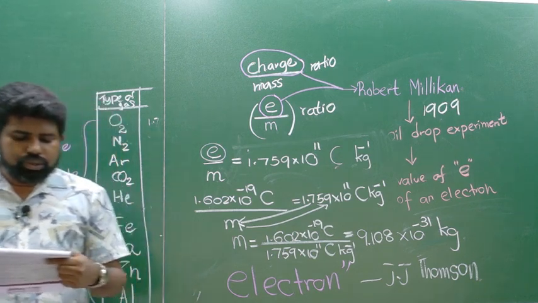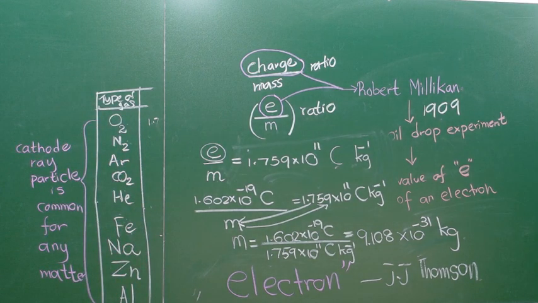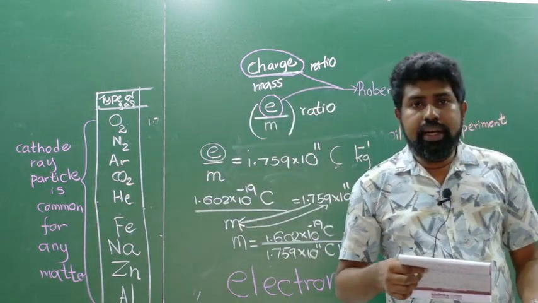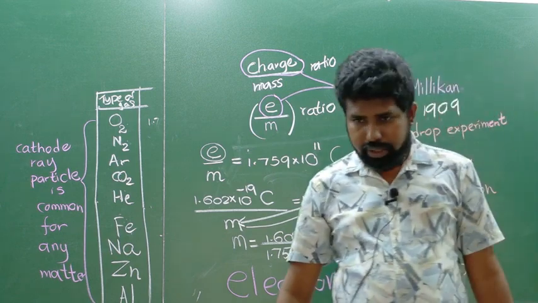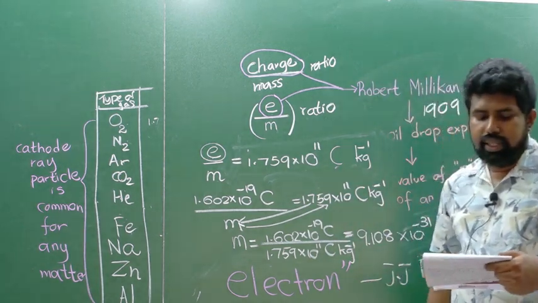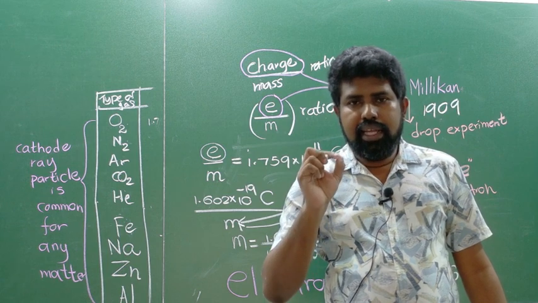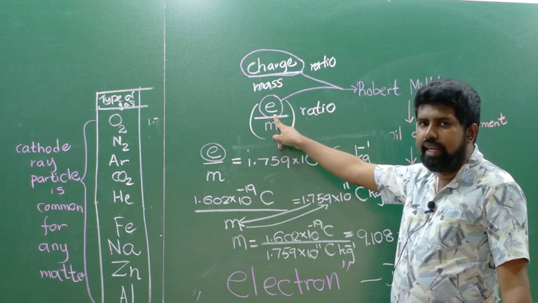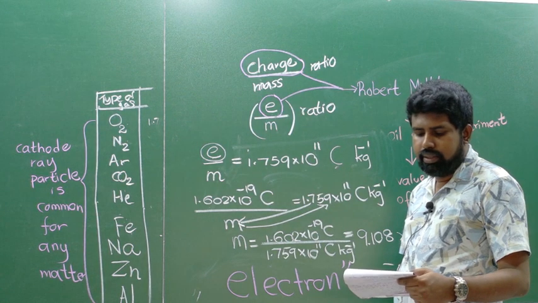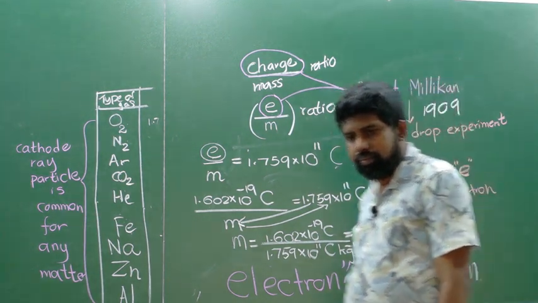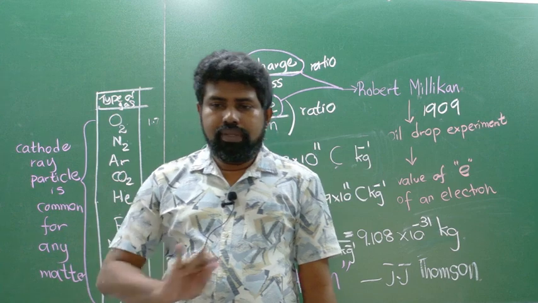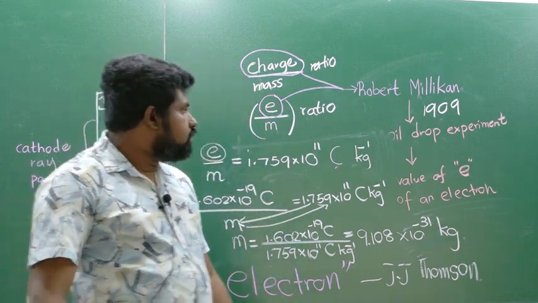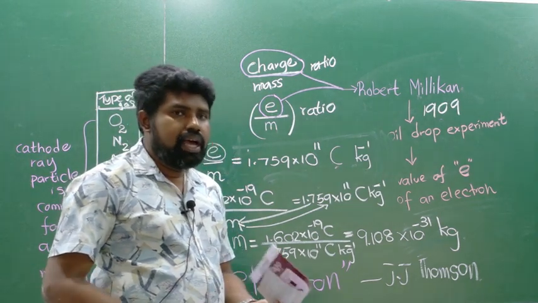Okay, write down. Using Thomson's e over m ratio and Millikan's value of simple e, that is the charge of an electron, we can calculate the mass of an electron as follows.